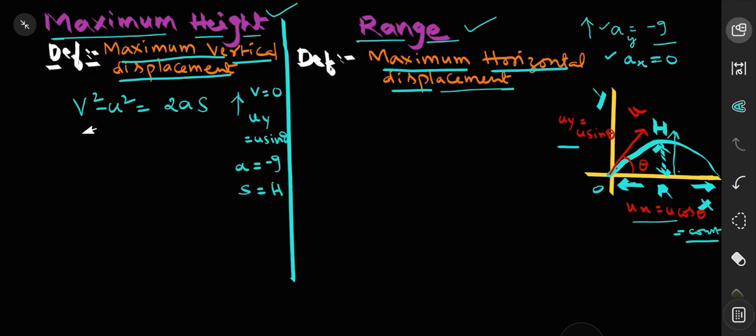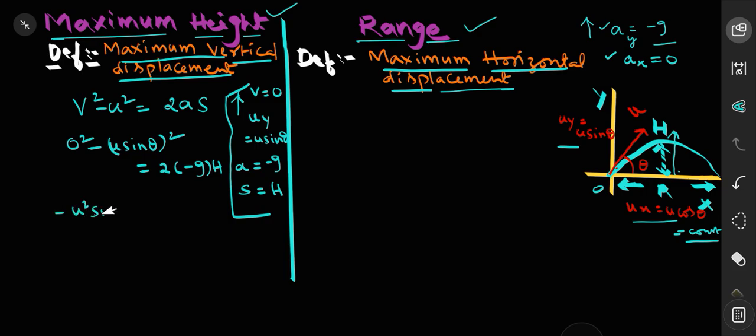By substituting these values, we get 0 square minus u sin theta whole square, which is equal to 2 into minus g into h. By squaring this term, we get minus u square sin square theta is equal to minus 2g h.